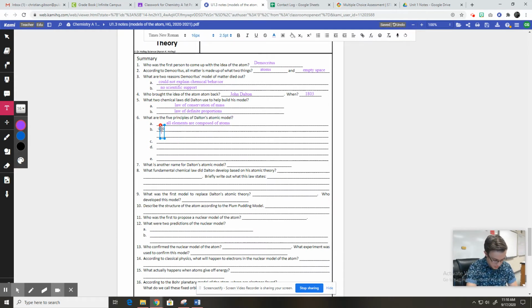Second part of his theory, his model, was that atoms of an element are identical in size, mass, and other properties, and are different from atoms of other elements.